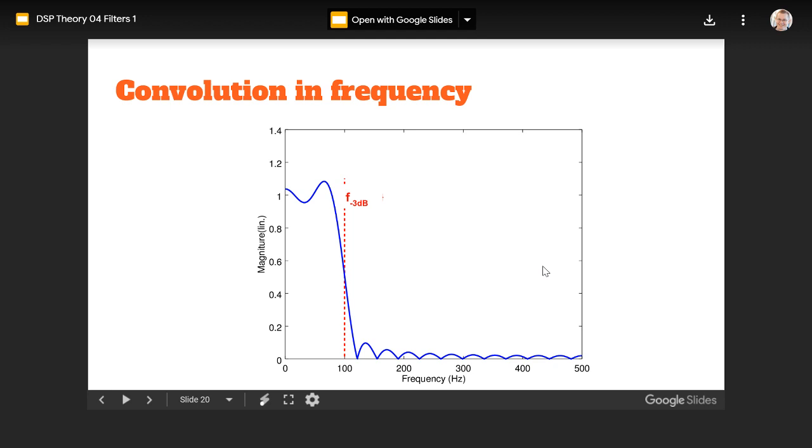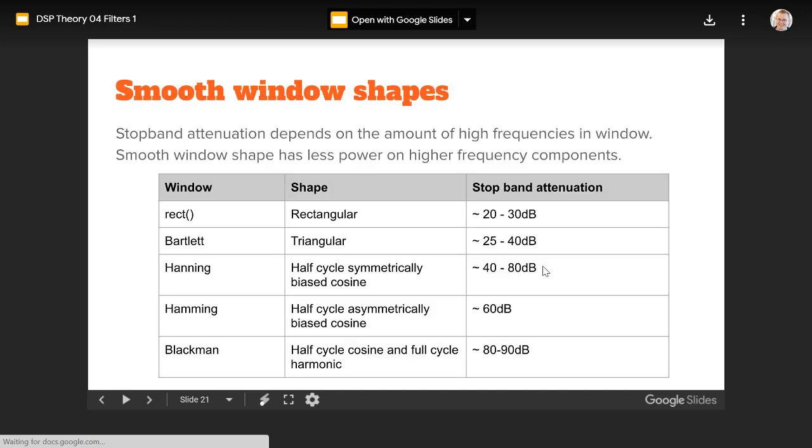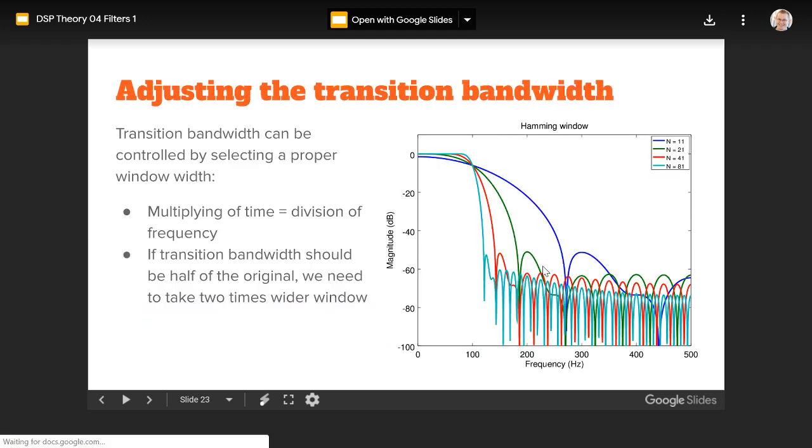The box transforms into the sinc in the frequency space, meaning that you get this kind of stop band attenuation that is not ideal, but you can live with it by smoothing the window shape, smoothing the window edges. So there are smooth window shapes, some of them here, and some compression. And last, you adjust the transition bandwidth by multiplying the time, taking a longer time sample.